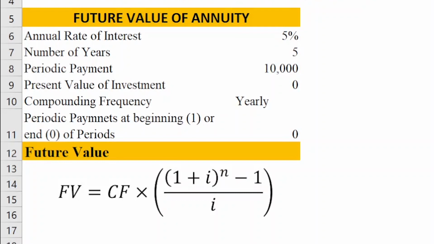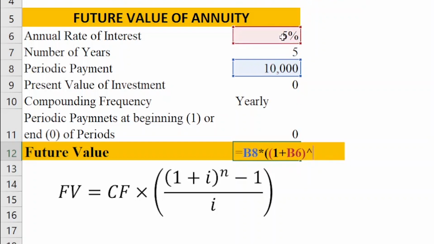Annual rate of interest is 5%. Number of years are 5. Periodic payment 10,000. Present value is 0. Compounding frequency yearly. And payments are made at the end of year, so 0. And we have to calculate the future value of this annuity by using this formula equal to cash flow multiply by start the parenthesis, start the parenthesis, 1 plus interest rate raised to power n, close the parenthesis, minus 1, close the parenthesis, divided by interest rate and press enter.